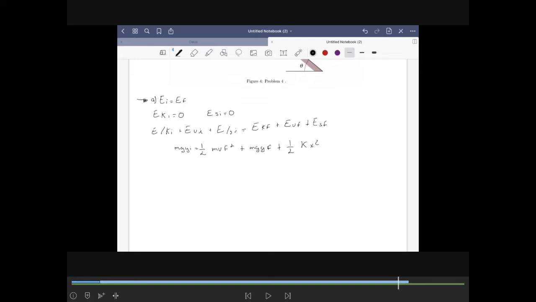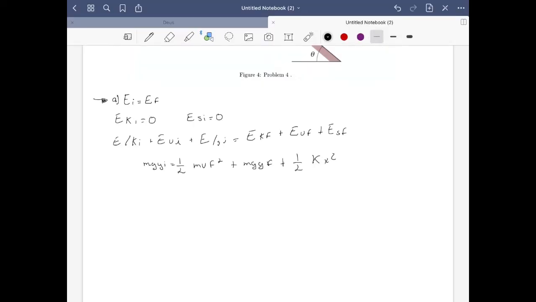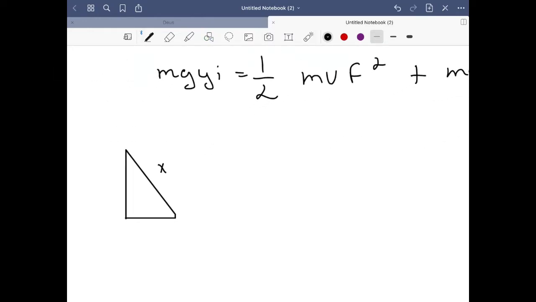Also, we know that it slides 10 centimeters down the incline, so that will be its final height. And if we draw a horizontal line from the final height to the initial height, we can see that it forms another triangle which has the same angle theta, and its hypotenuse will be represented by the distance that the box slides, so hypotenuse equals d.